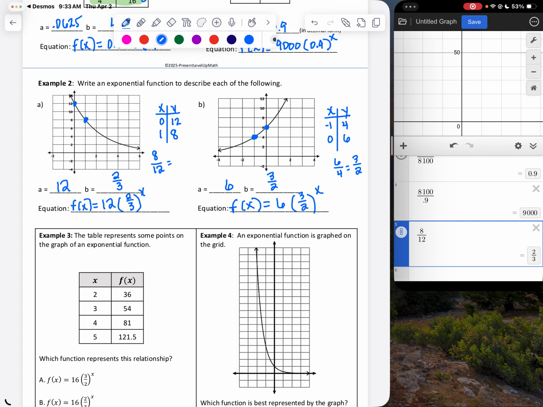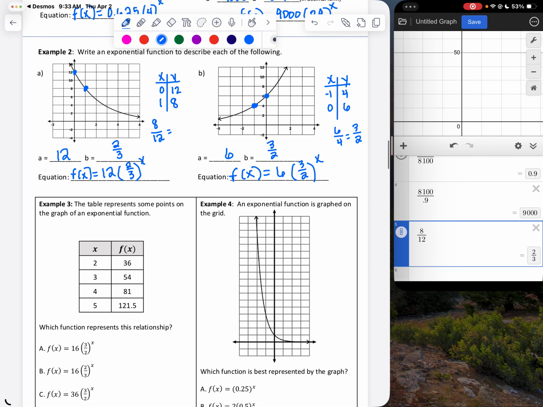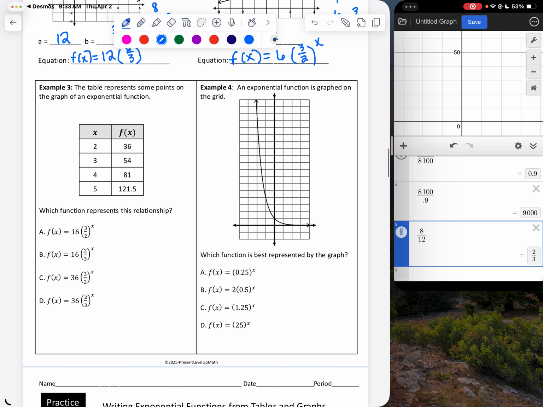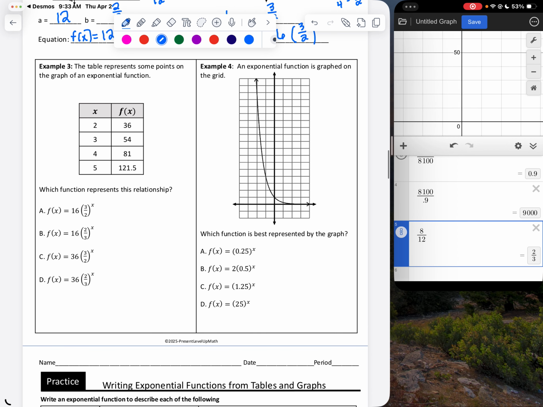Now, before we finish, I want to just show you some examples of how this will be tested on standardized tests. So look at example 3. The table represents some points on the graph of an exponential function. And the first thing I want you to do is look at this function and ask, is it increasing? Are the y values getting bigger or are they getting smaller?